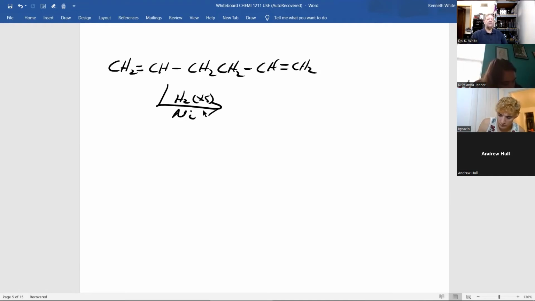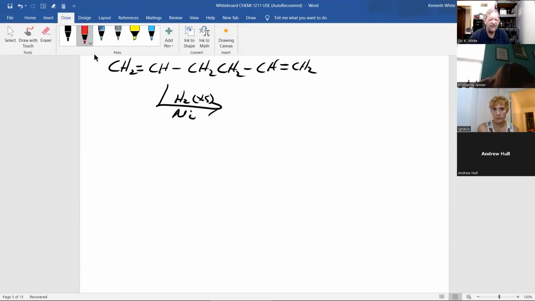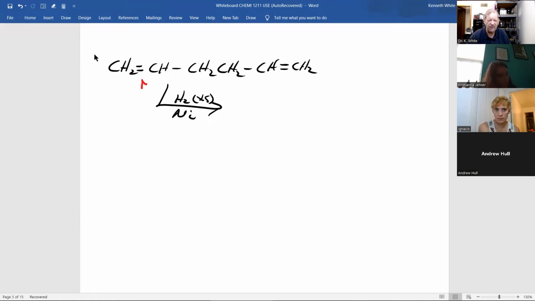Now, when you have a double bond in a molecule, well, first of all, let's look at this molecule. What's different? What's not a carbon-carbon single bond? What's not carbon or hydrogen atoms? And if we look here, ooh, a double bond. Wait a second, a second double bond.